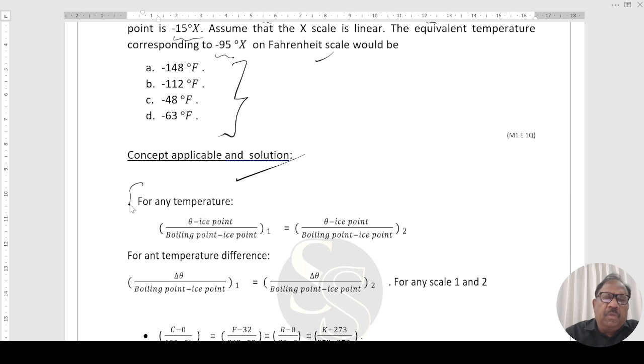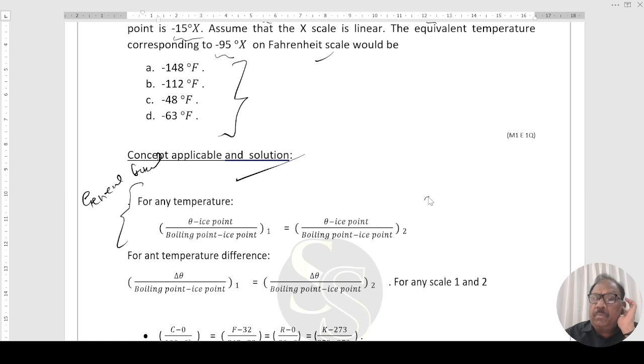This is the general formula, the general concept. For temperature: theta minus ice point upon boiling point minus ice point of any one scale equals theta minus ice point divided by boiling point minus ice point of the second scale.